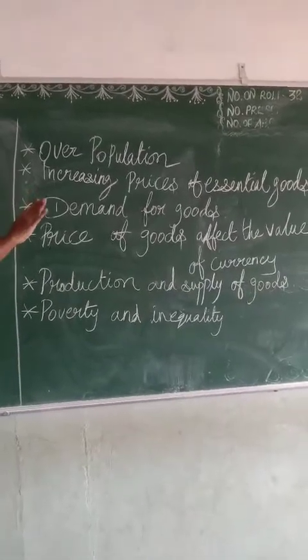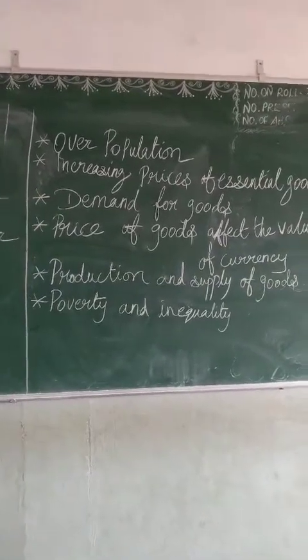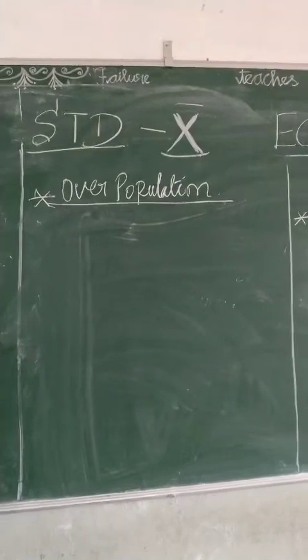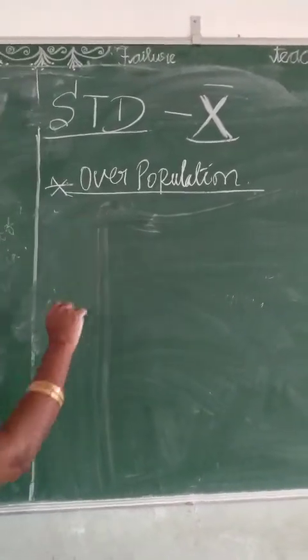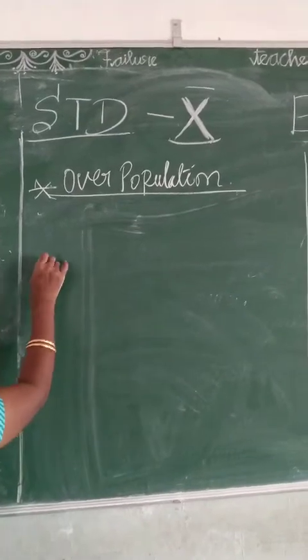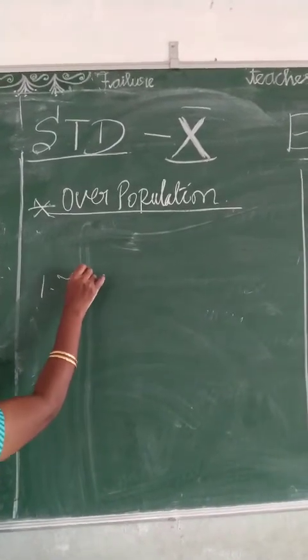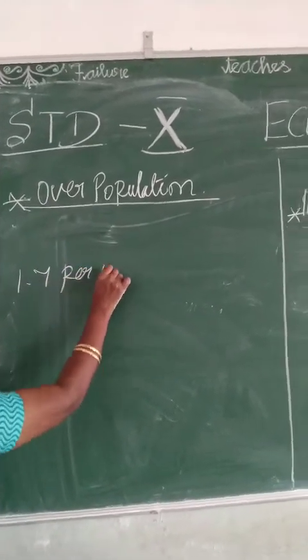First one, overpopulation. Students, now we are going to learn overpopulation. The population growth rate in India is high, at 1.7 per thousand.